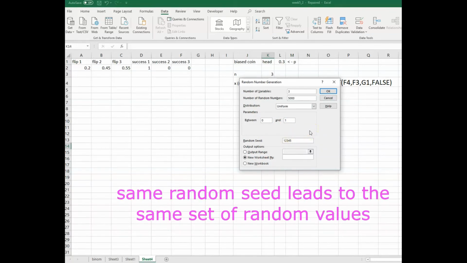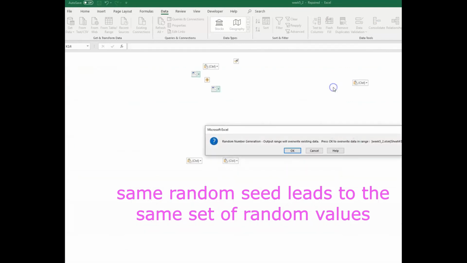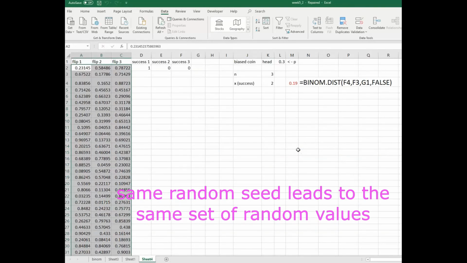As I mentioned before, if we use the same random seeds, we will get the same set of random numbers. Let's output on the same spreadsheet, so let's put it here. Click OK. Because I entered some value here, just override, click OK.